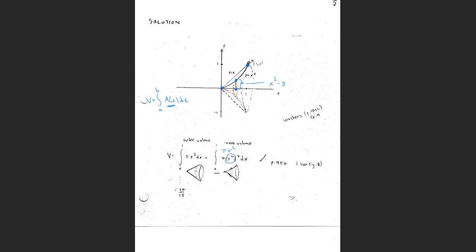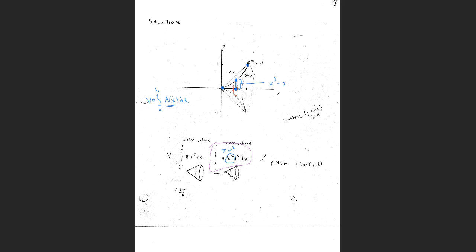So the volume, for the Hershey's Kiss, is the integral from 0 to 1 of pi times x squared squared dx. That's the inner volume.